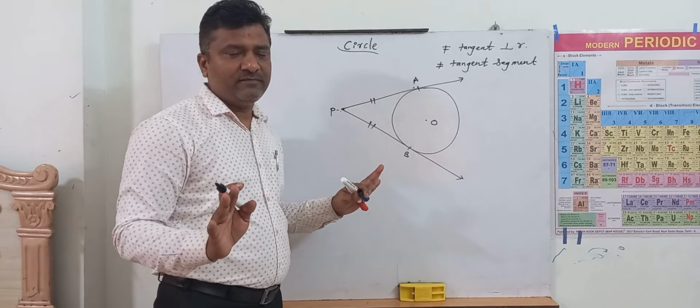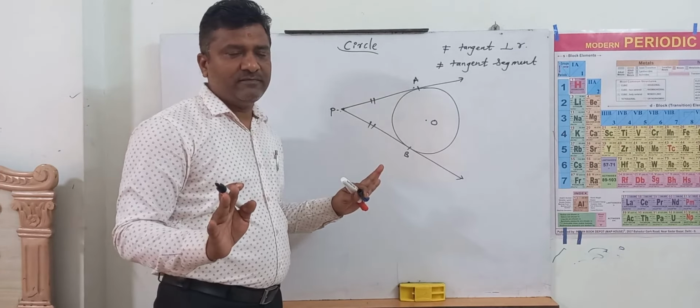If suppose this is given as 60 degrees, then obviously you will have to find this angle. So somehow such properties can be useful here, right? So remember that. Here we have finished two properties, that is, tangent is perpendicular to radius and tangent segments. The lengths of tangent segments are equal.